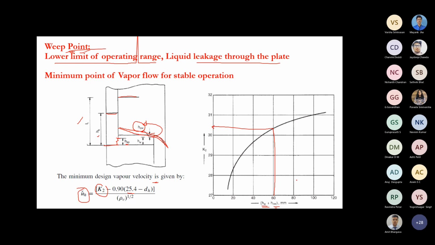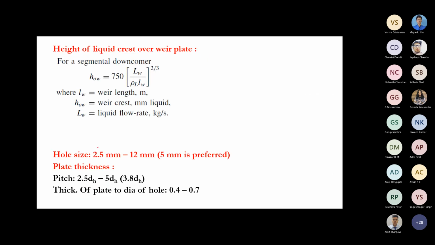How to calculate this HOW? Here we have one equation called the Francis formula. You can say it is obtained from Bernoulli's equation for flow over a weir through open channels, like dams.